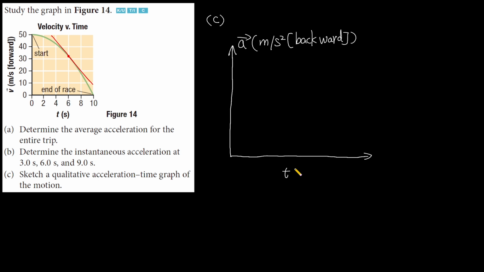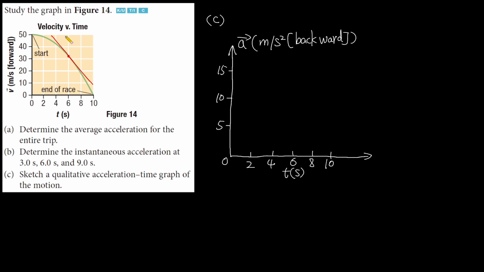So time, its unit is seconds. And here is 2, 4, 6, 8, 10. Here is 0. And for the acceleration, here is 5 meter per second square. Here is 10. Here is 15.